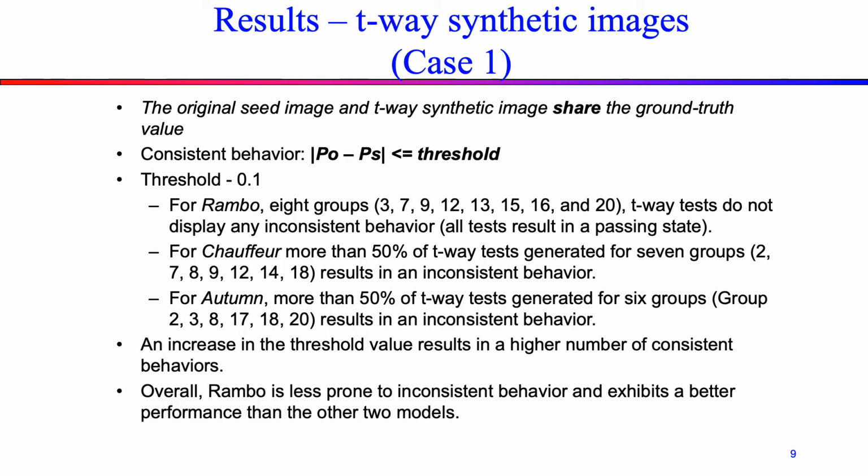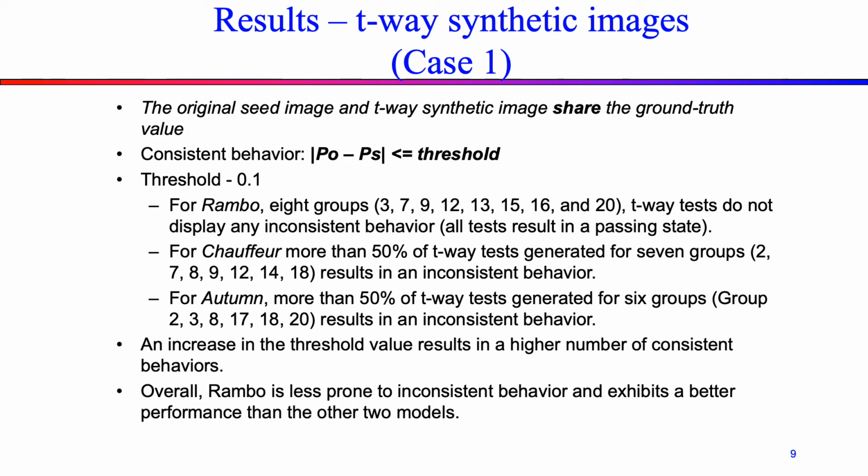To summarize the results for case 1, where the original seed image and the T-way synthetic image share the ground truth value, a test is considered to exhibit an inconsistent behavior if it violates the relation shown in this slide. So let's begin with threshold 0.1.